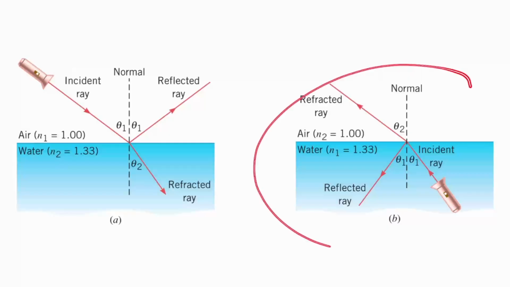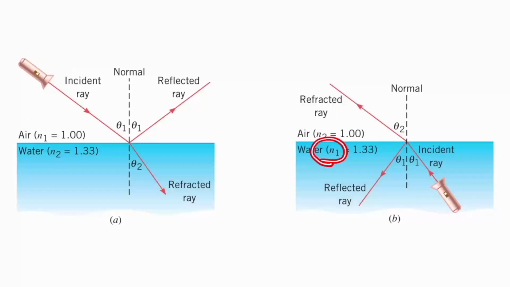But look at this one over here on the right. Here they put the flashlight down in the water. We've changed which side is incident. The light is traveling in something and strikes a change in medium. So now our incident ray is on the bottom, and look what they've done with their notation.